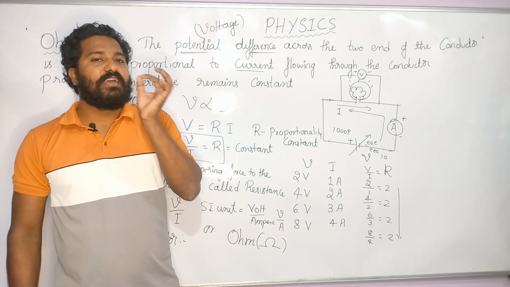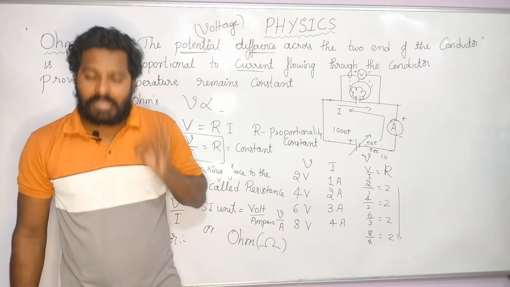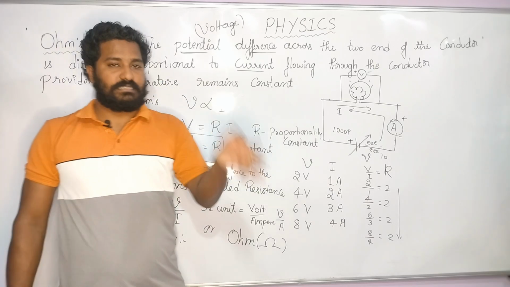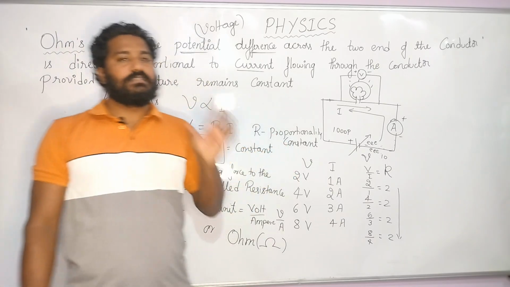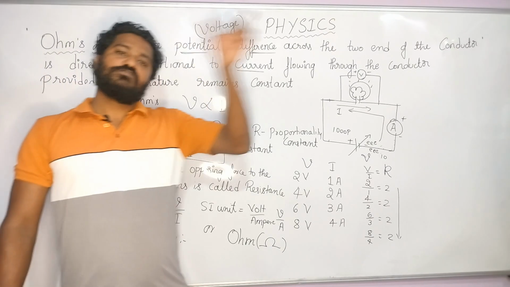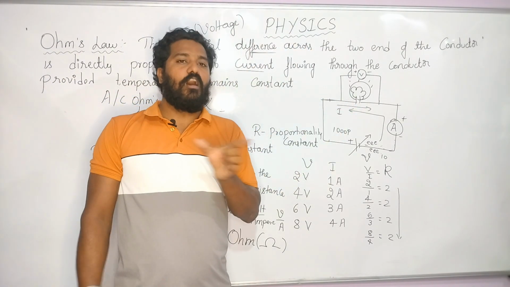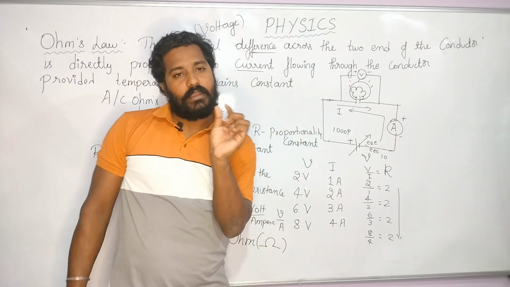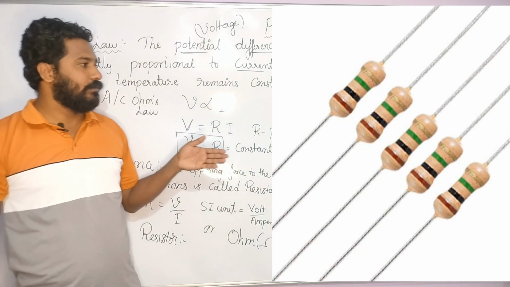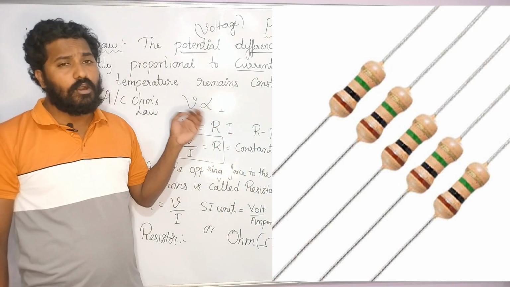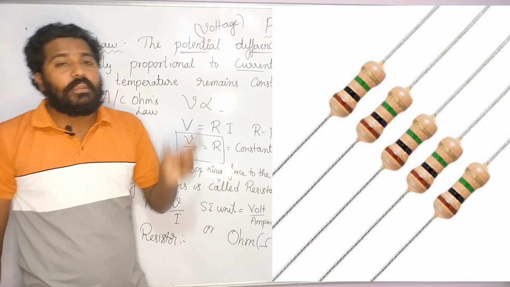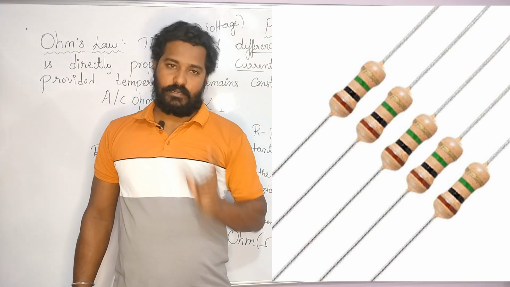A device or component of a given size which offers resistance. Resistance is a force, so that force will be offered by who? That component you are seeing here. That component is called a resistor.